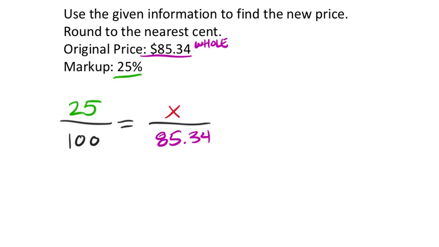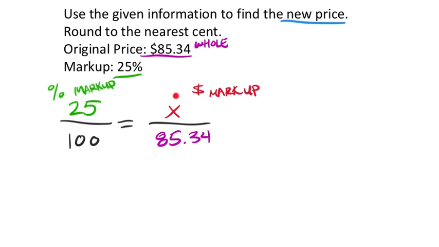Now this X is not the new price, right? Up here, they say what we want is the new price, but that X is not the new price. This is just the dollar value of the markup. So you add that to that 85. And just to emphasize that, the 25 is the percent of the markup.